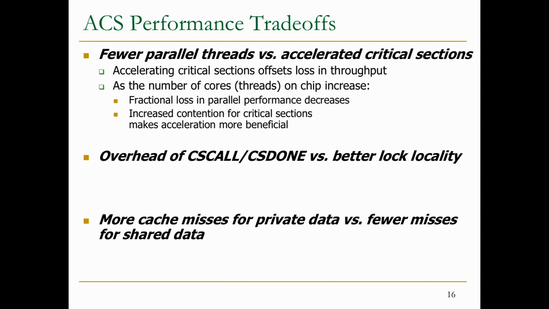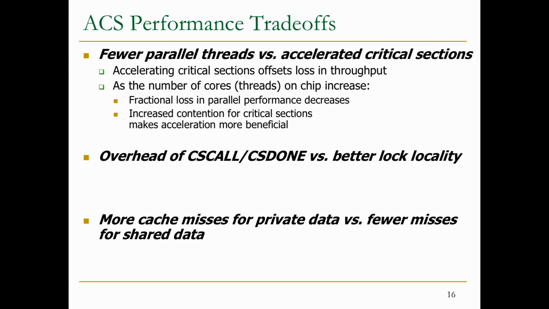But if you have a chip area that's 64 small cores, you dedicate only 4 of them to execute critical sections, you lose 1/16 throughput, which is much smaller than 25%. So as the chip area increases and as the large core sizes don't grow as fast, you lose less throughput in the parallel part.